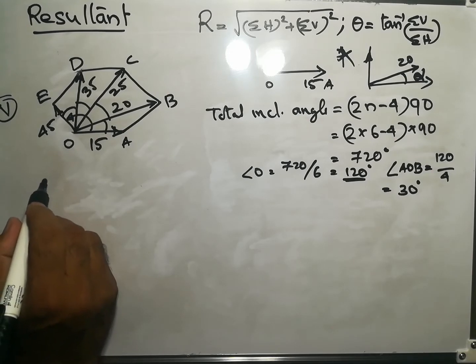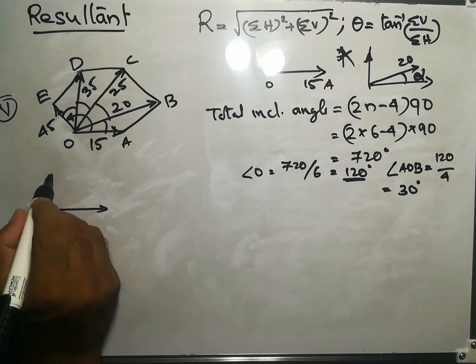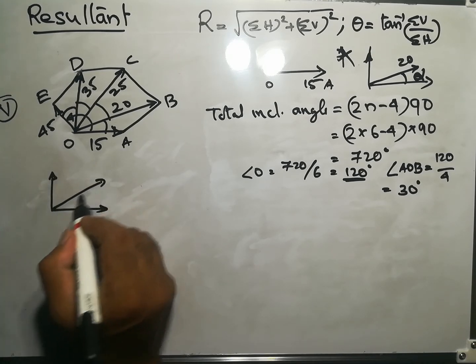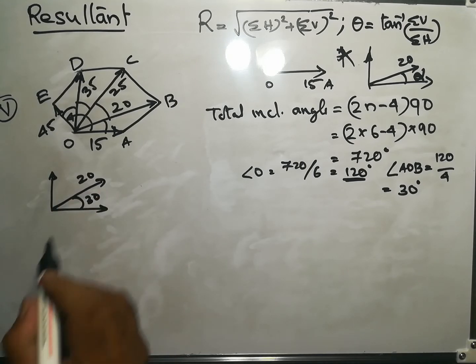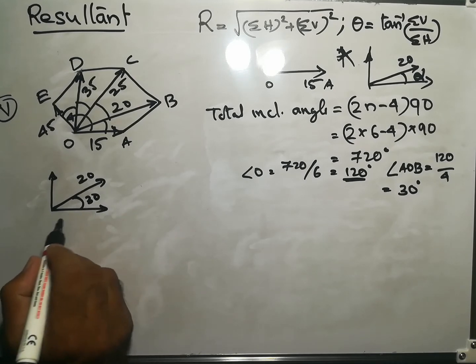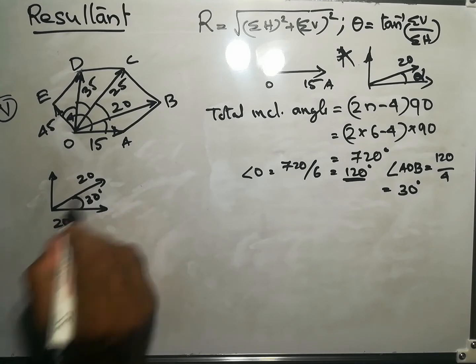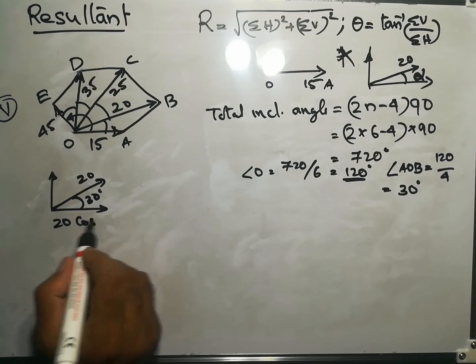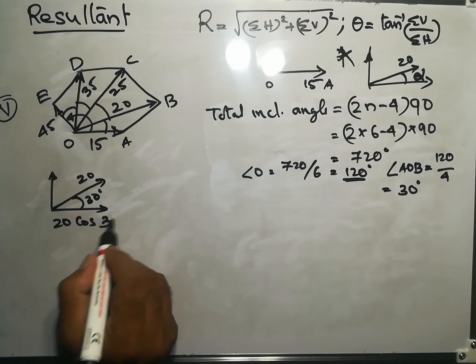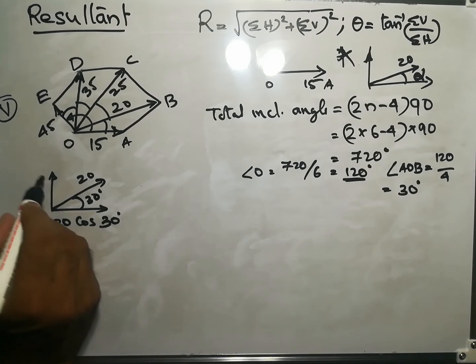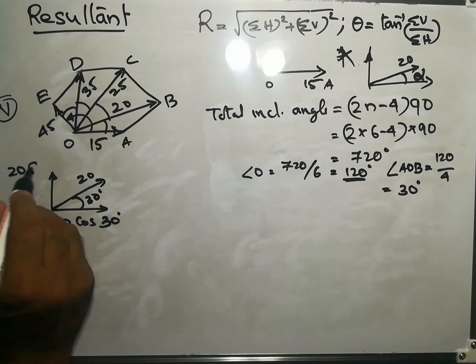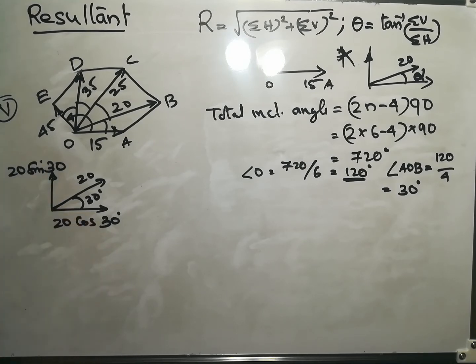The second force, 20 Newton, acting at 30 degrees, will have the following components: 20 Newton is the magnitude of the force, so this horizontal component will be 20 cos 30 degrees, and this vertical component will be 20 sin 30 degrees.